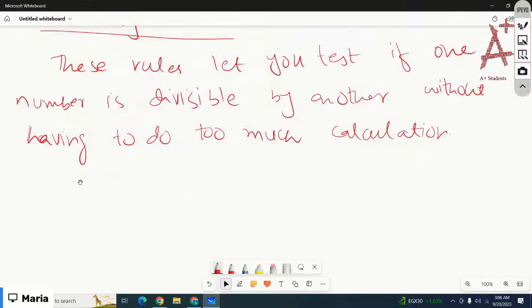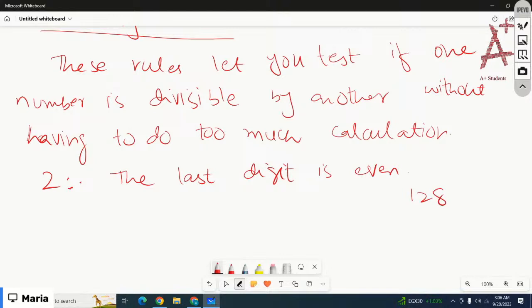So the divisibility rule for 1 is the very basic one: any integer is divisible by 1, right? The divisibility rule for 2 is the last digit is even. If the last digit is even, that means the number is divisible by 2. For example, you have 128.